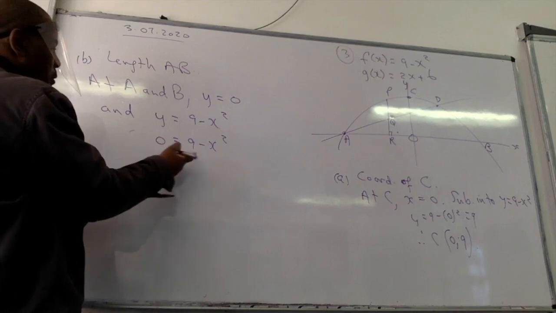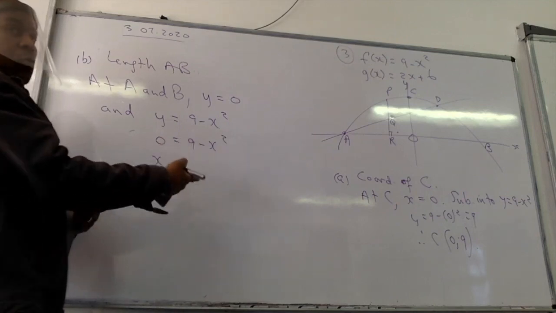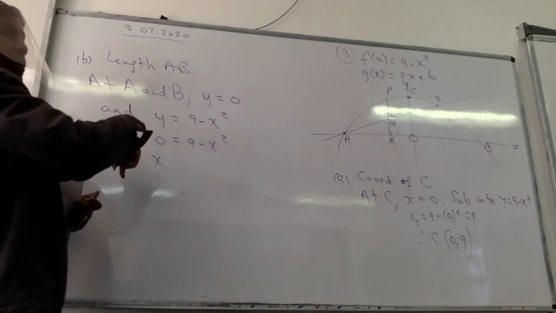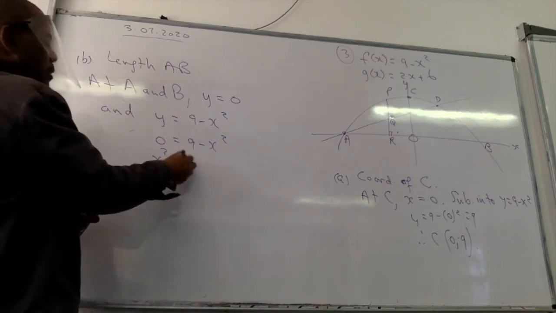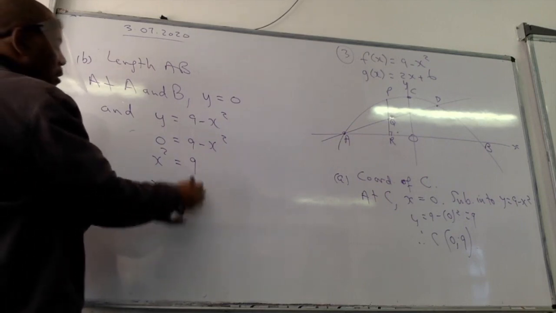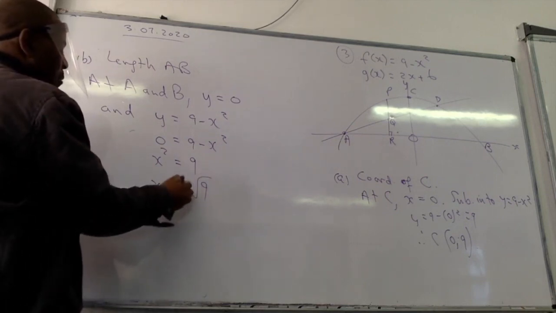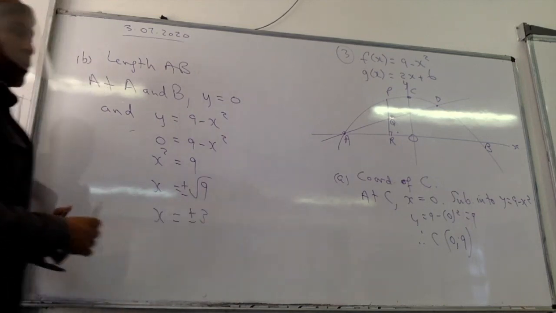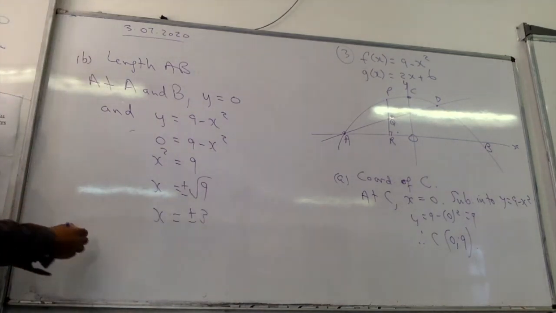I know we can use difference of 2 squares. Is that what you want to use? Or can I move negative x squared to the left-hand side and get x squared is equal to 9? And then to get x, I need to take the square root of 9, but then remember plus or minus. So x is equal to plus or minus 3, right? So give me the coordinates.